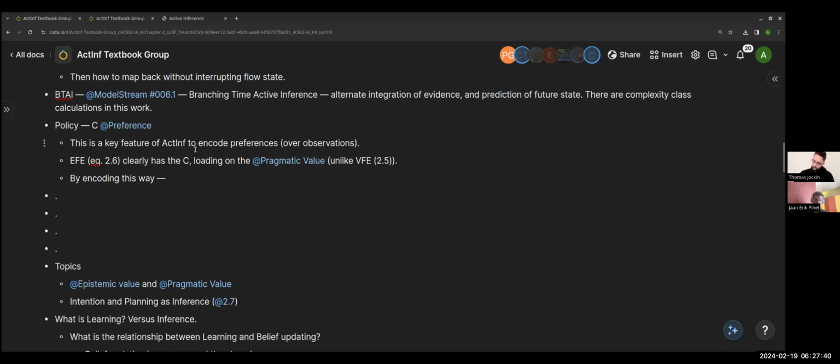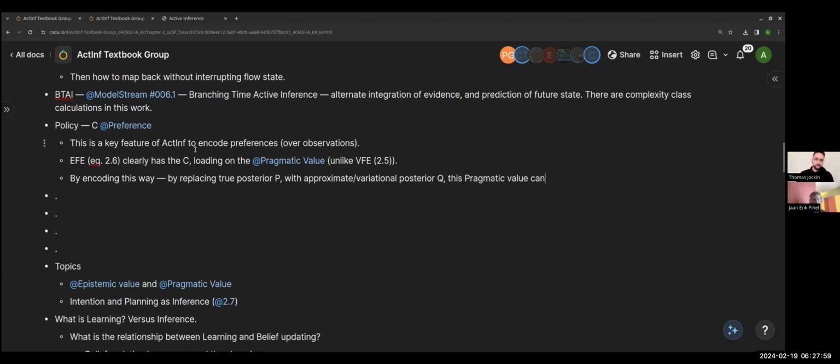So what it means is that by replacing the true posterior with an approximate posterior, this pragmatic value can be explicitly conditioned.